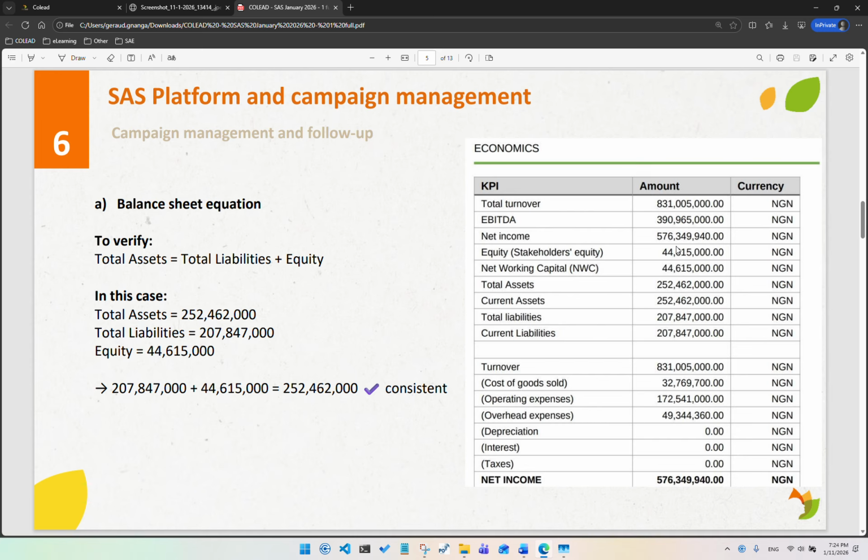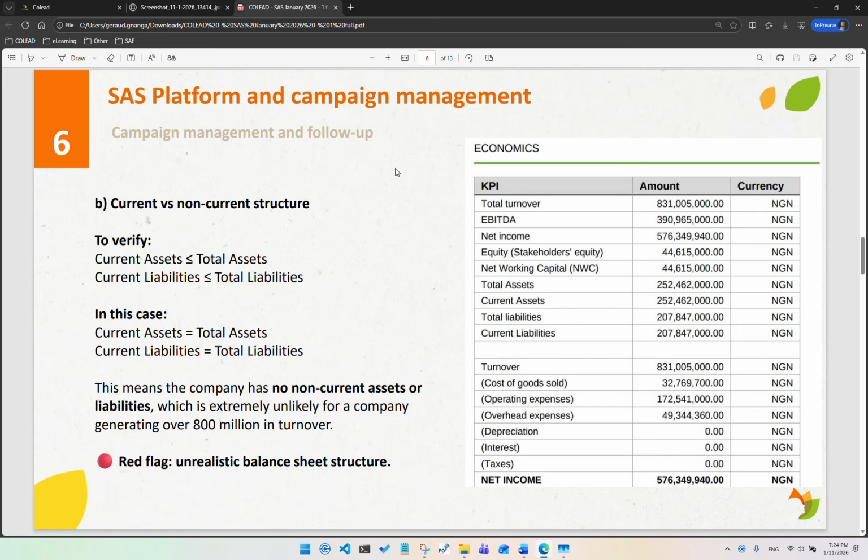However, you must then also examine the structure of the balance sheet. Here, current assets should normally be lower than total assets and current liabilities lower than total liabilities. Here, both current assets and current liabilities are equal to their respective totals, which means that the company has no non-current assets or long-term liabilities.